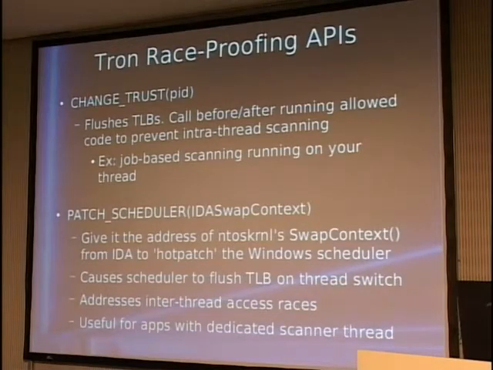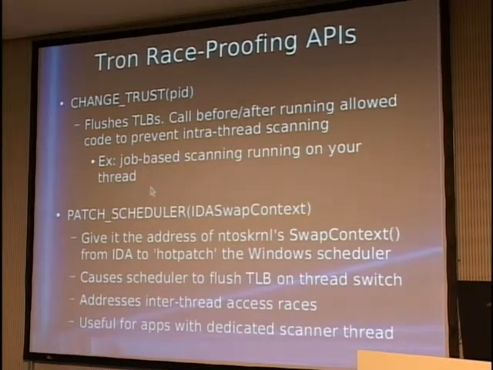So you solve this problem by flushing the TLBs from user land before and after your code executes. This prevents your code from being primed with fake data if the scanner runs before you, and prevents you from allowing the scanner to see hidden data if the scanner runs after you.